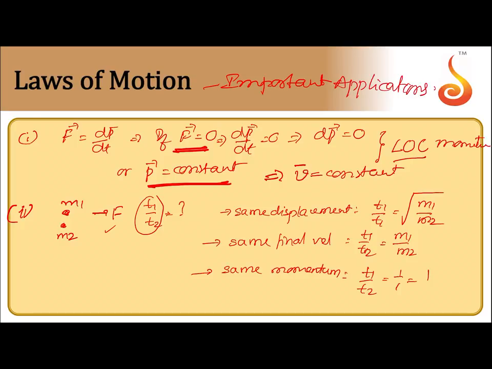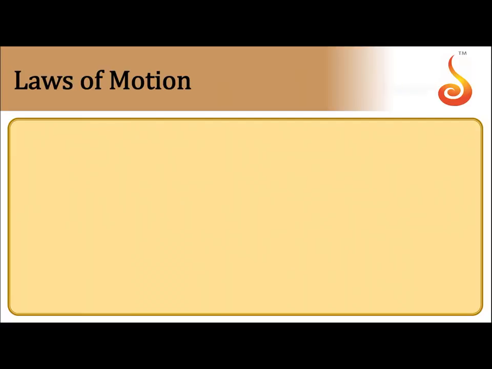That's right. Thus, if you consider two objects of different masses under the influence of same force, then the ratio of the time required for them to have same displacement is root of m1 by m2, same final velocity m1 by m2, same final momentum 1. One more application.